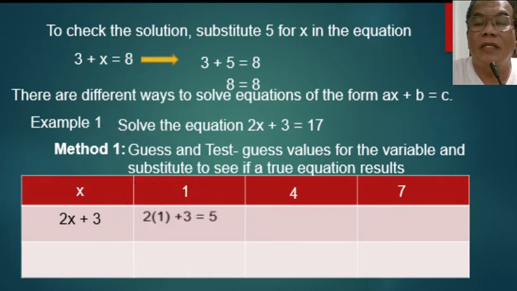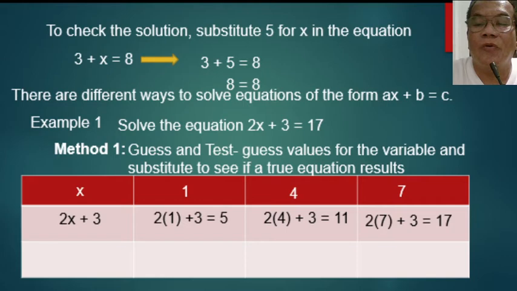So that is 2 times 1 plus 3 is 5. And then you have 2 times 4 is 8 plus 3 is 11. And then you have 2 times 7 is 14 plus 3 is 17. So the original equation is 2x plus 3 is equal to 17.